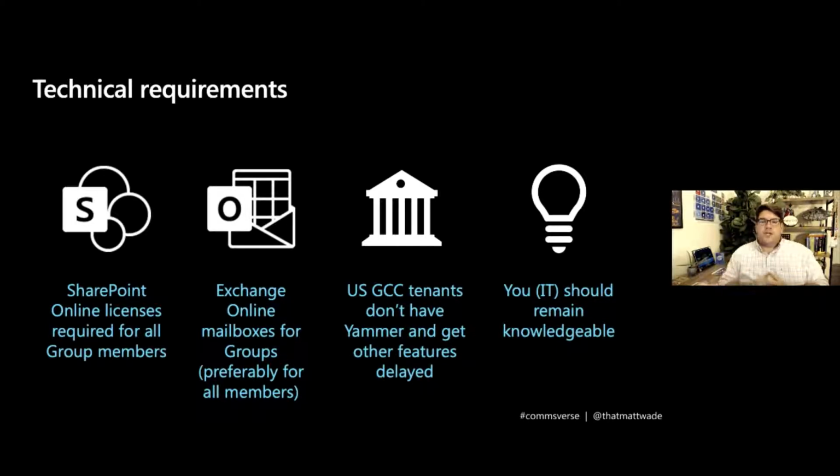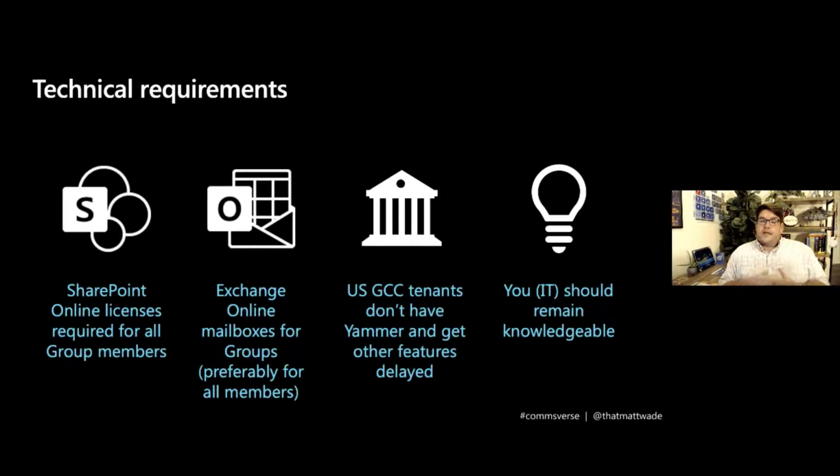Similarly, you have to have Exchange Online licenses at least applied to the group itself, not necessarily to the members. You can do a hybrid scenario where Exchange On-Prem is where you're hosting the local users, but you still have to have Exchange Online inboxes and calendars for the group itself. So keep that in mind.